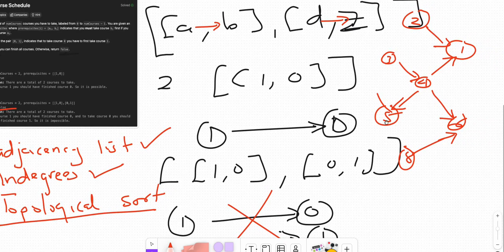These are all courses that you can take first because they have no prerequisite. But 5 has in degree 1, so you can't take 5 yet. So we can take 0, 1, 2, 3 and 8 first.